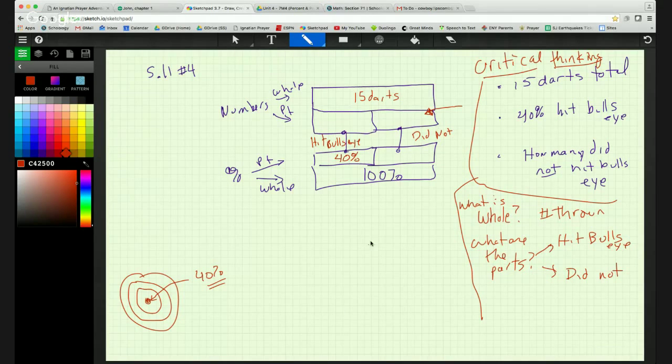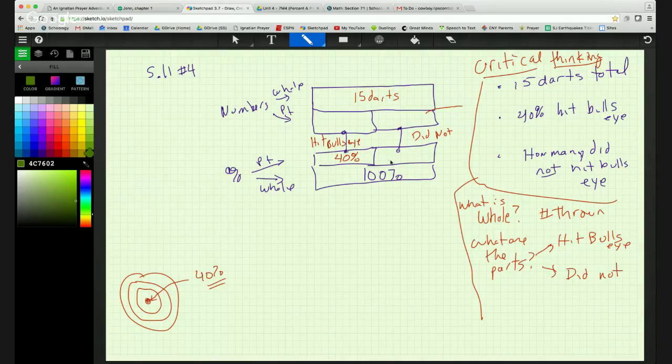Well, we can't answer that directly because we don't know what percent did not hit the bullseye. We don't know how many hit the bullseye, so we can't subtract. We're going to have to do a two-step problem here. So let's start to solve it, and we'll solve it in green here. What do you want to do first? We can find the number that hit the bullseye, because we can use part equals percent times whole with these three pieces, since we know 2 and can find this one.